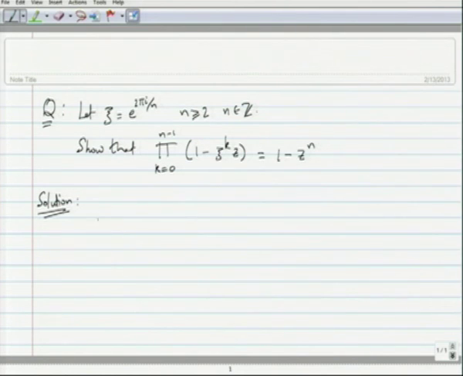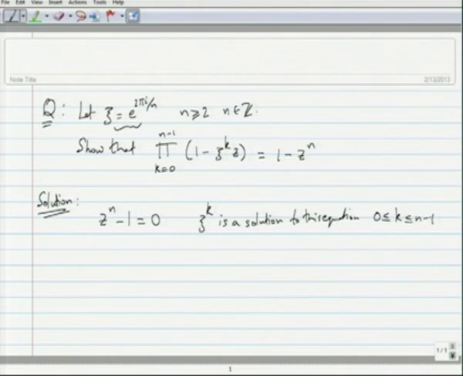So, consider the equation z power n minus 1 is equal to 0. We know that the nth roots of unity are precisely the roots of the polynomial z power n minus 1. So, not only zeta, which is mentioned in the question, but zeta power k is a solution to this equation for 0 less than or equal to k less than or equal to n minus 1.